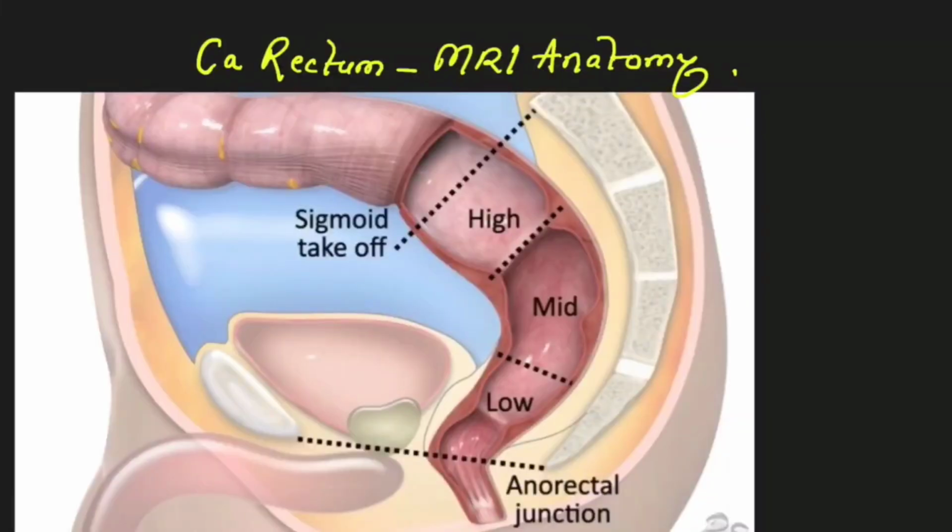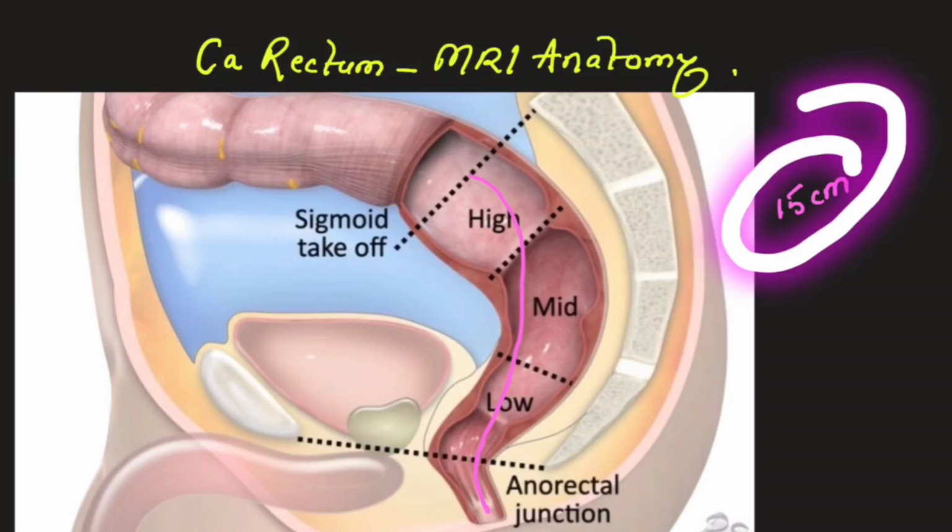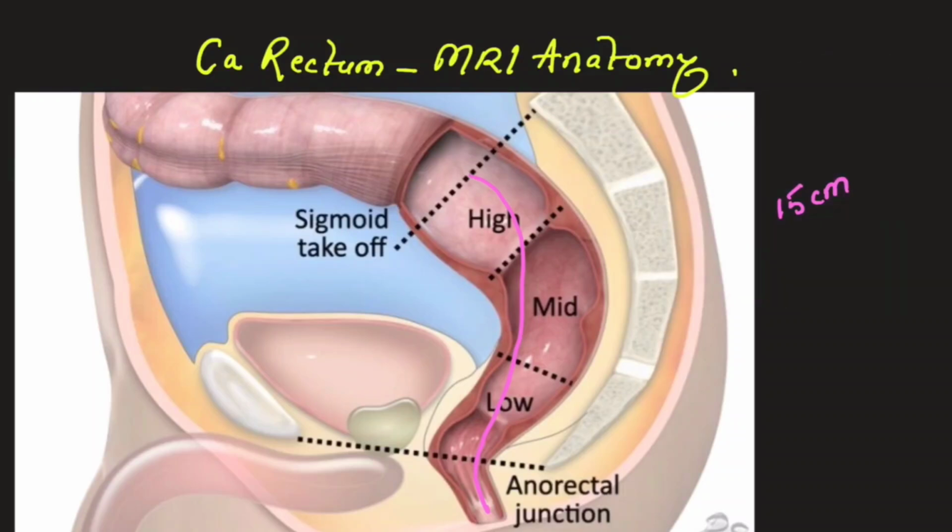So the rectum is the distal most 15 centimeter of the GI tract. We radiologists follow the endoscopy perspective and we consider the rectum as the distal most 15 centimeter of the GI tract. So we are actually including the distal 2 to 3 centimeter of the anal canal also in this definition. This rectum is divided into three parts.